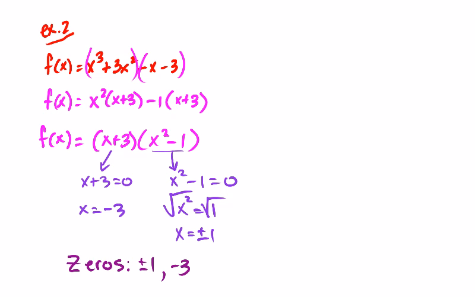Let's look at one more example where it's a little bit trickier, a little bit different, kind of a combination of everything. So let's go with f of x equals x to the 5th power plus 6x to the 3rd plus 8x. Sorry, I left off an x there. If you want to find the zeros, we're going to be factoring.